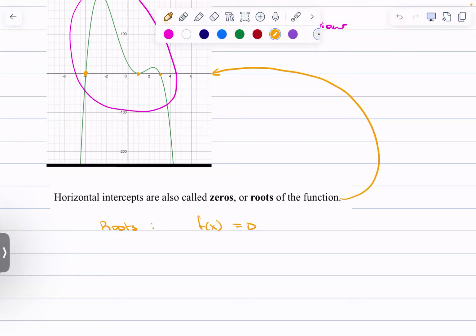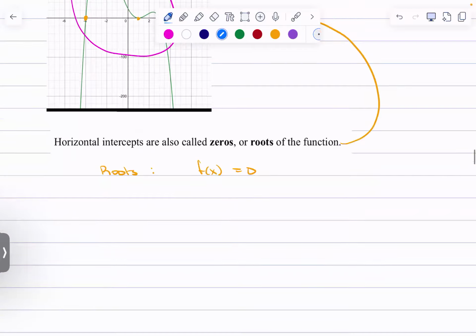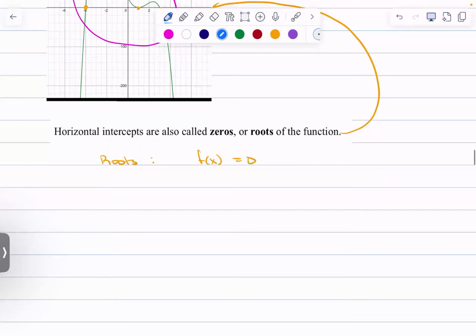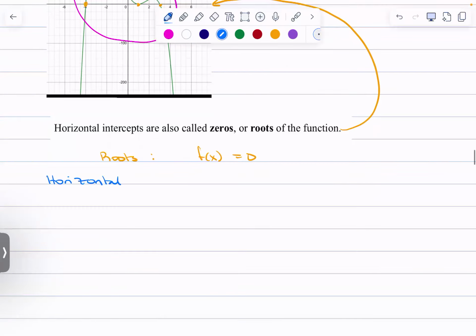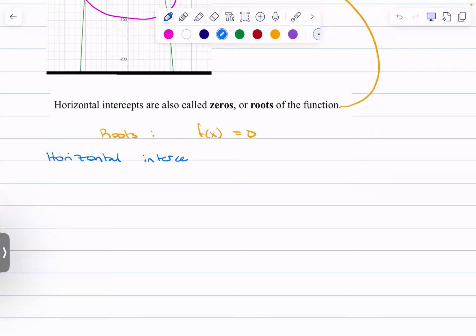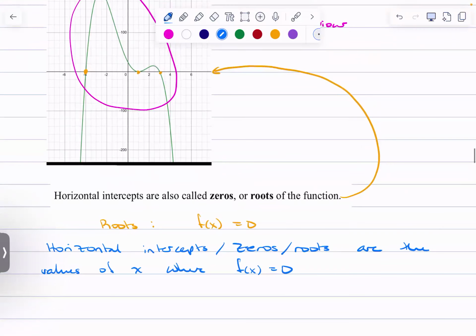And so the horizontal intercepts, which we know already, zeros or roots, are the values of x where f of x is equal to 0, or where y is equal to 0 if you want.